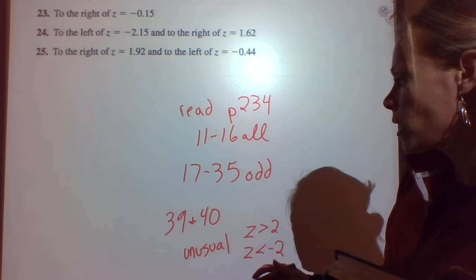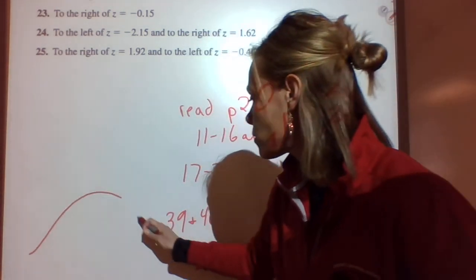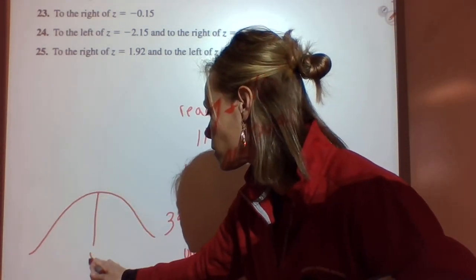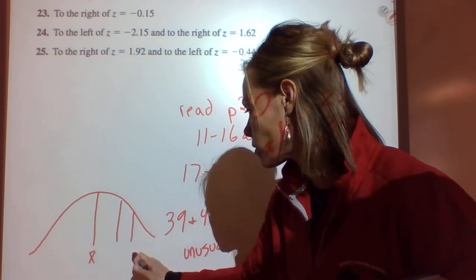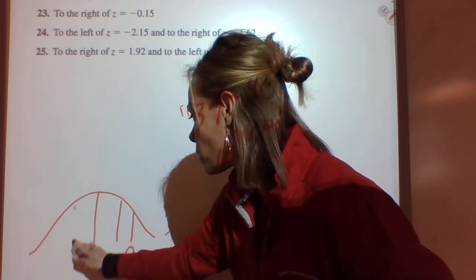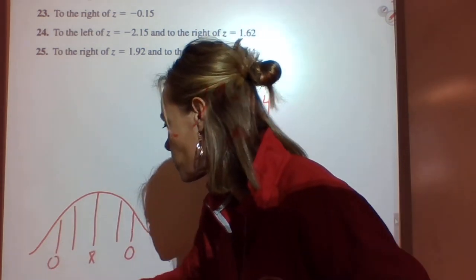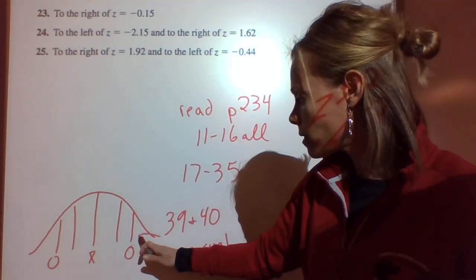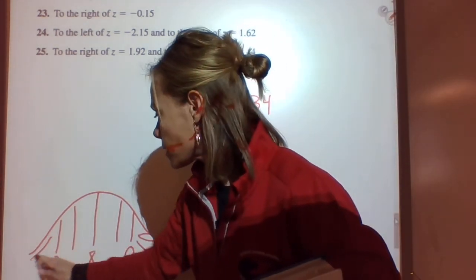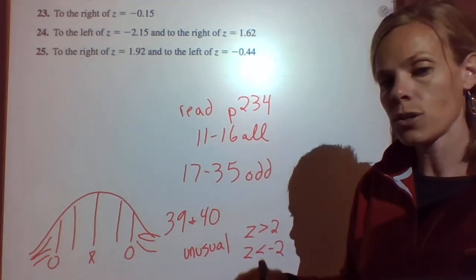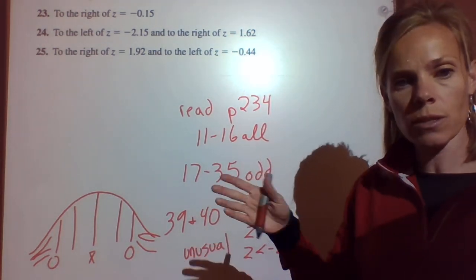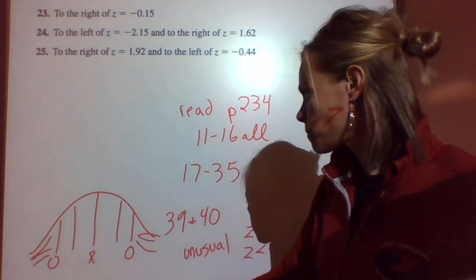Or if you sketch out a normal curve and put your mean in and count 2 standard deviations, get a number, count 2 standard deviations the other way, get a number, anything bigger than this number or less than that number is considered unusual. Anything more than 2 standard deviations.